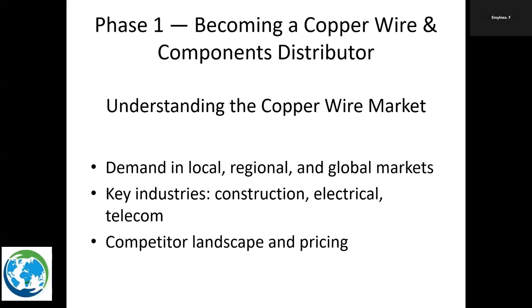So in short, when you run building wire, for those that have an electrical background, it is mainly used in buildings, construction if you want. Of course, basically you have what is called a live and neutral.